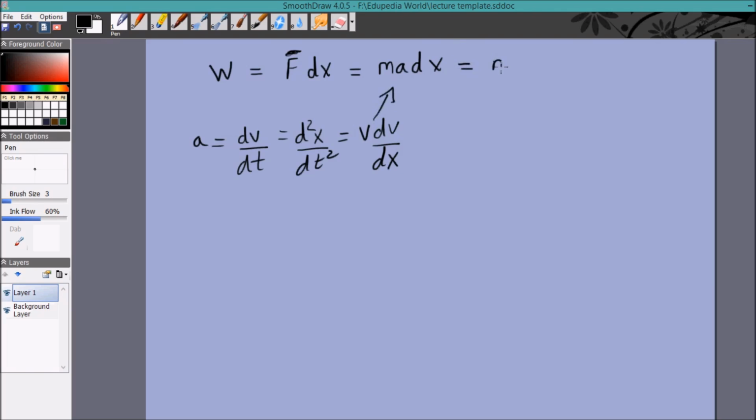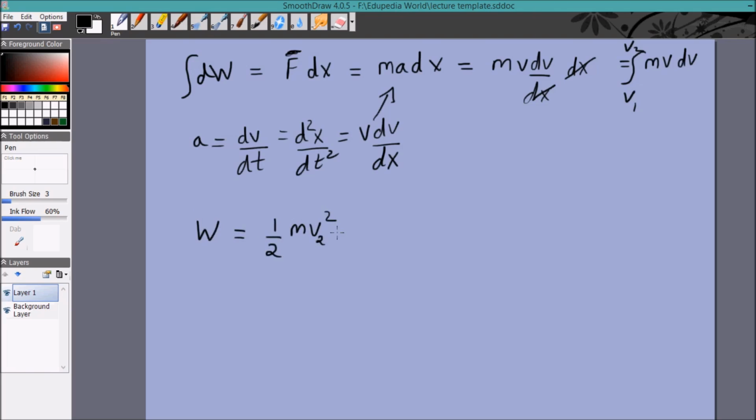So this gives me mv dv by dx dx. Now dx and dx cancel and I'm left with mv dv. I apologize, this should be the differential work done. Right, so differential work done is f dx, which if you manipulate it enough comes out to be mv dv. You can integrate both sides, and if the initial speed is v1 and final speed is v2, you can see that the work done will be half m v2 squared minus half m v1 squared.